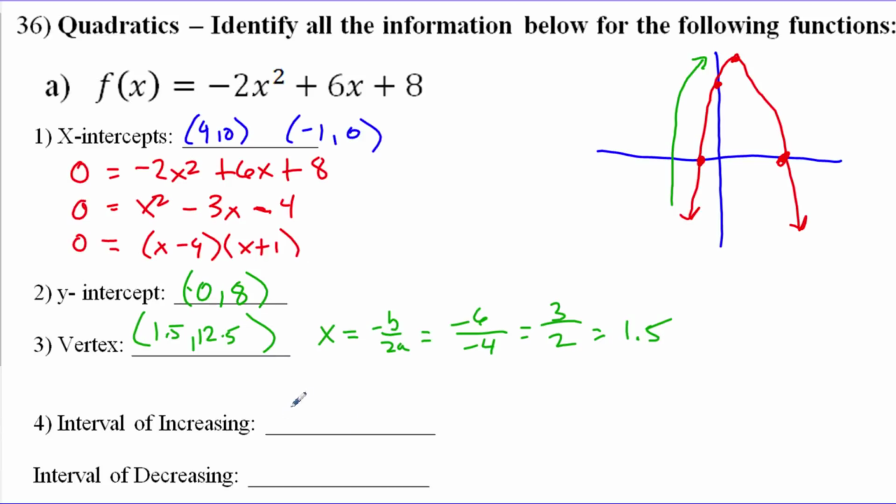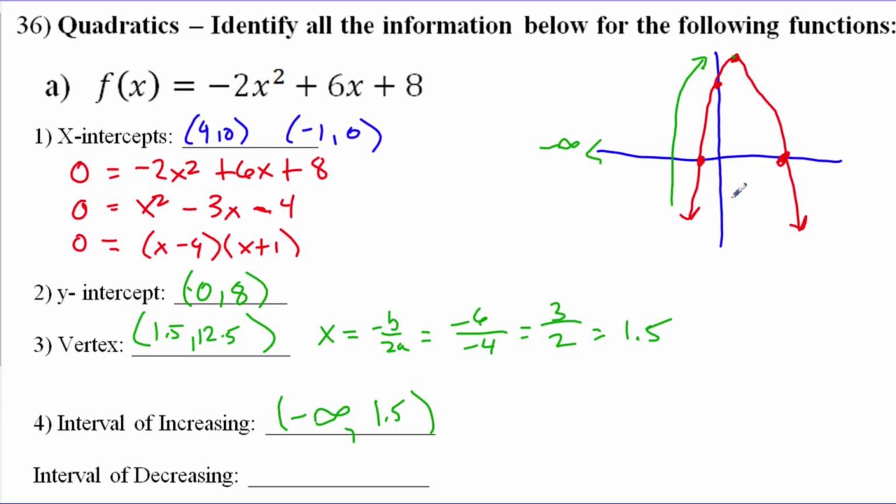So I'm going to say it's increasing from negative infinity, so the left-hand side of the graph over here is negative infinity on the x-axis, and it keeps increasing from negative infinity all the way up until this point here, and that's the vertex. The x value of the vertex is 1.5, okay? So I'm going to say negative infinity, comma 1.5, and this is not a point, be careful, this is what's called interval notation, which is describing the beginning and the end of a section of the graph, right?